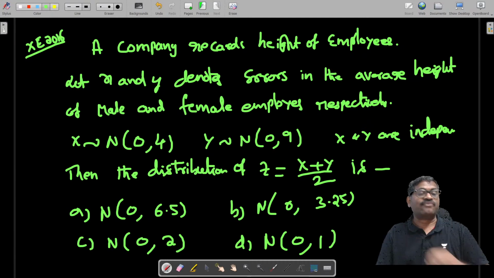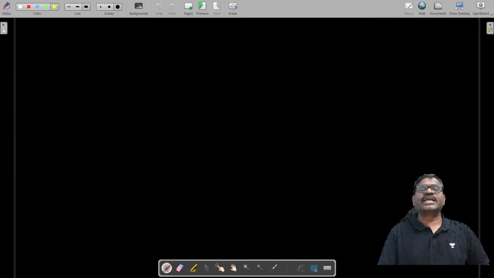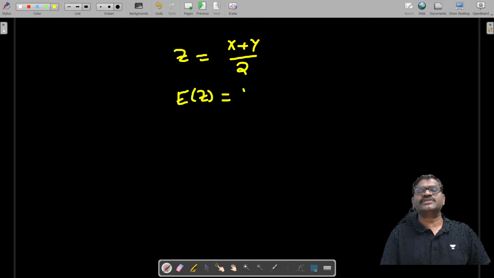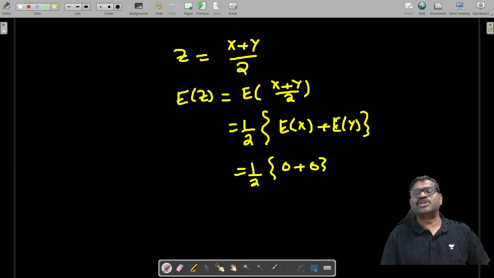Okay? First, Z is (X plus Y) by 2. Expectation of Z is expectation of (X plus Y) by 2, which is 1 by 2 into E of X plus E of Y. Mean of X is 0, mean of Y is also 0.